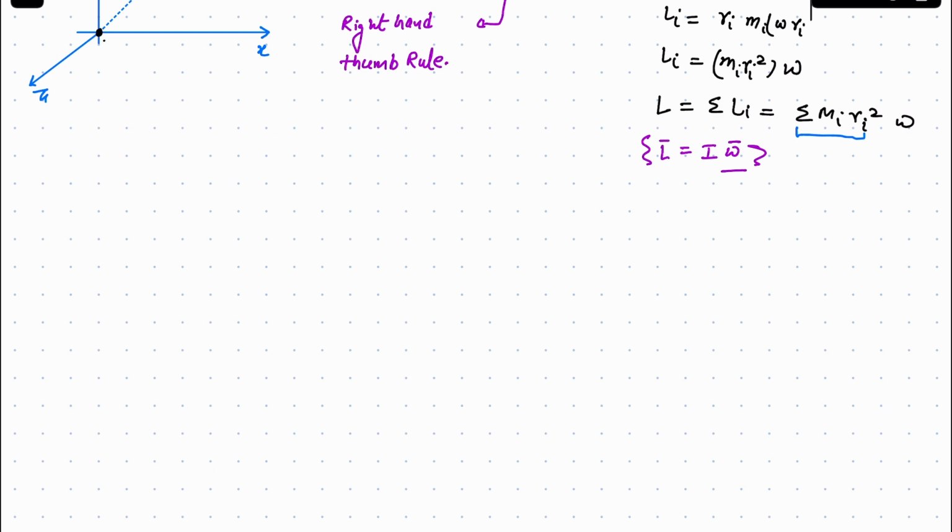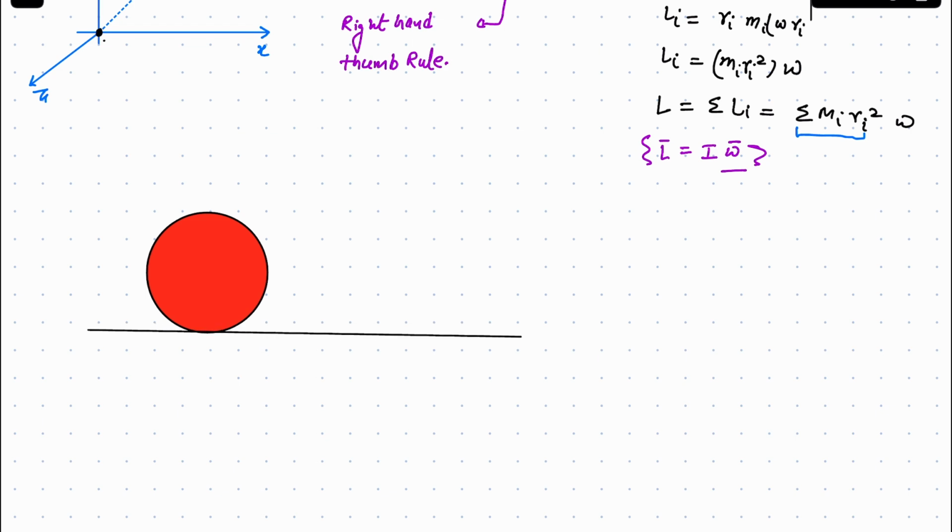So here, let's suppose I have a disk like this and it is performing pure rolling on this surface, or let's suppose CRTM, with a linear velocity v in the horizontal direction and with an angular velocity omega like that.